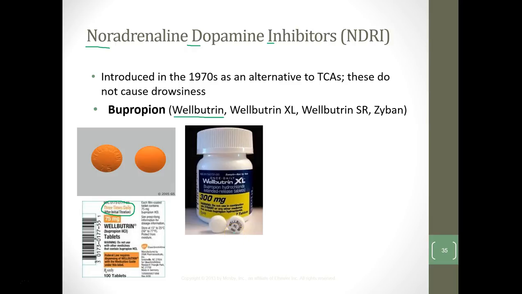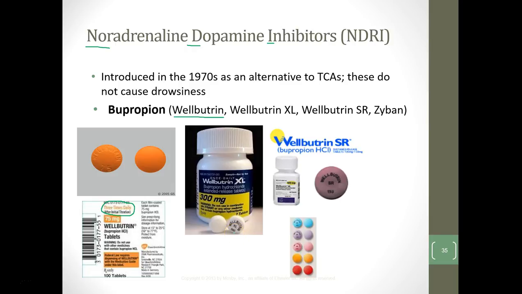And then we have Wellbutrin SR. So you see where we could come into some challenges here if we're not paying attention. XL or SR. And then these come in different colors. There's 5 different strengths. Then there's another drug that's also bupropion, and that drug goes by the brand name of Zyban. Now, Zyban is specifically indicated for the treatment of smoking cessation, not for depression.